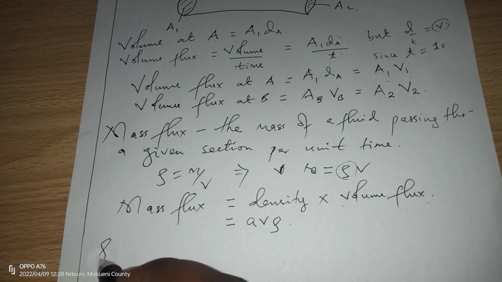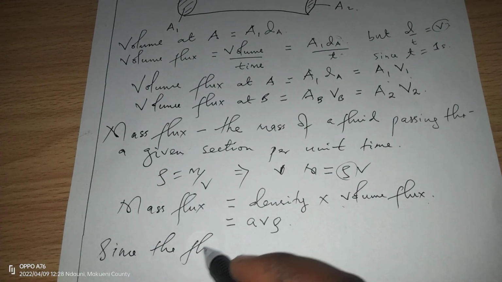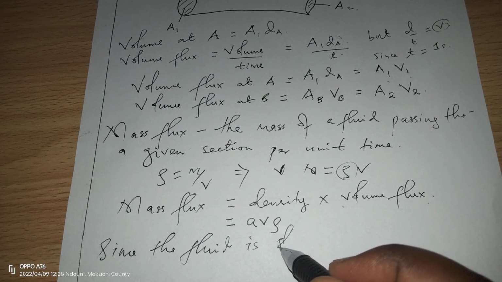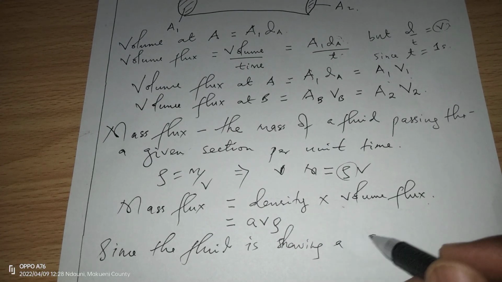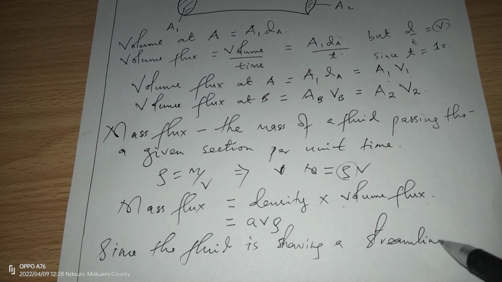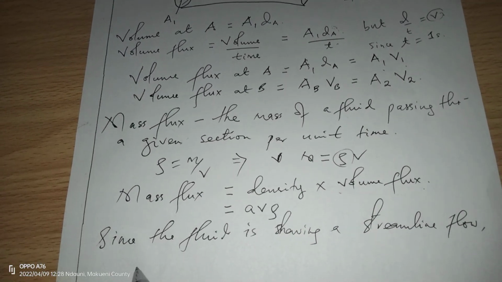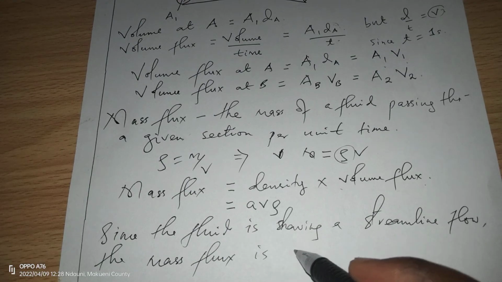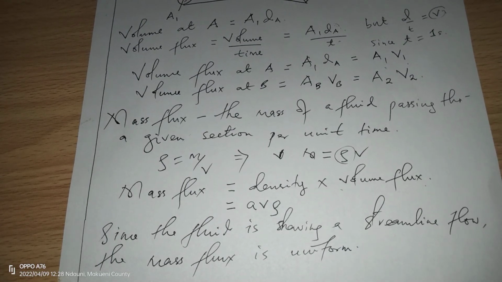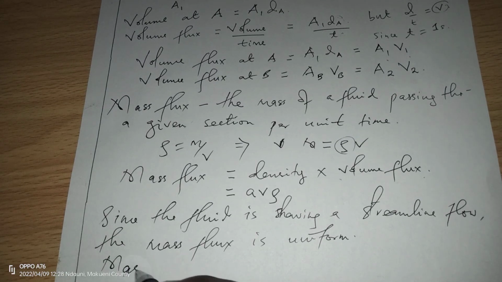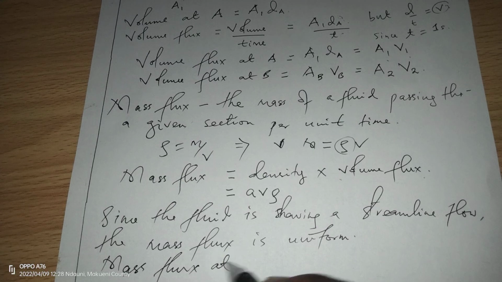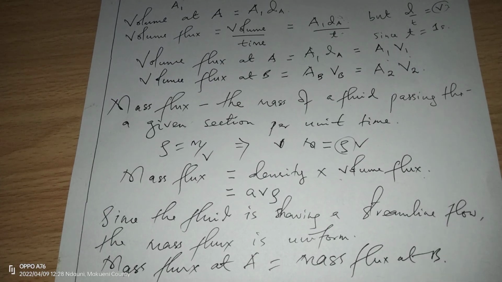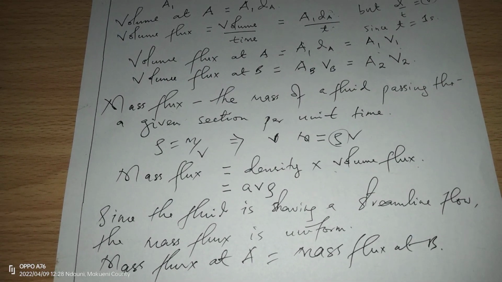Therefore, we say that since the fluid is having a streamline flow, the mass flux is uniform, or rather, mass flux at A is going to be the mass flux at B. So mass flux at A is going to be the same as the mass flux at B.